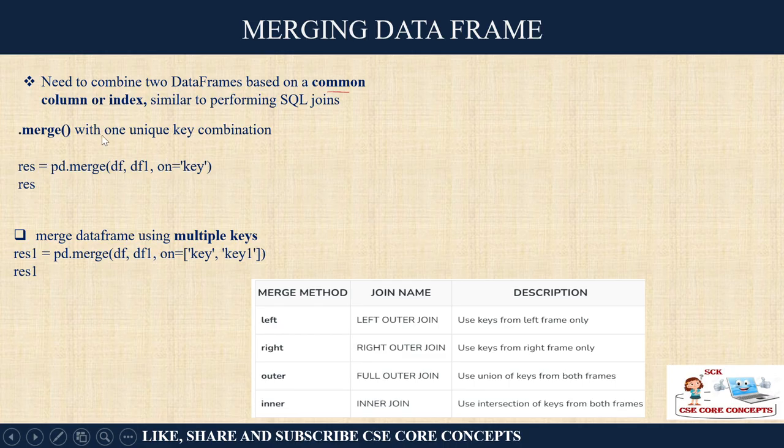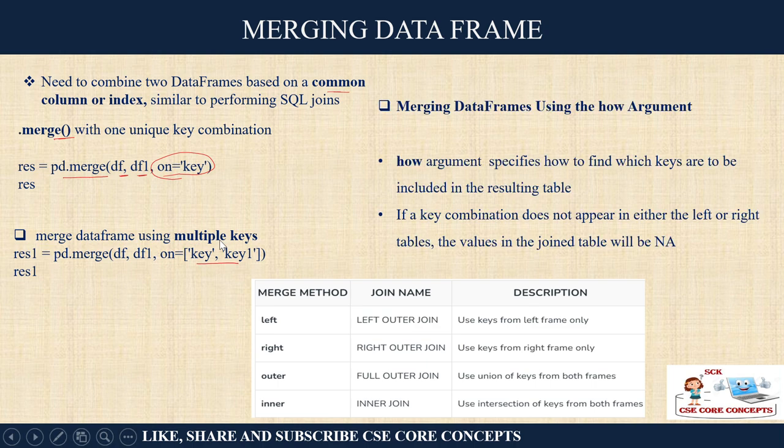The function is dot merge. So you can write pd.merge on df and df1, these are the 2 data frames, on the key value which you have to give. Let's say you have one common key, or you can have multiple.